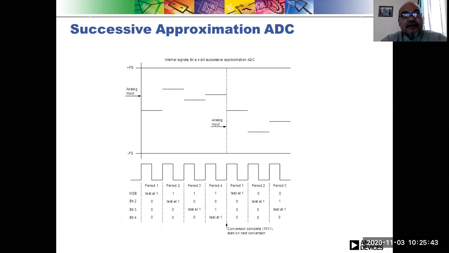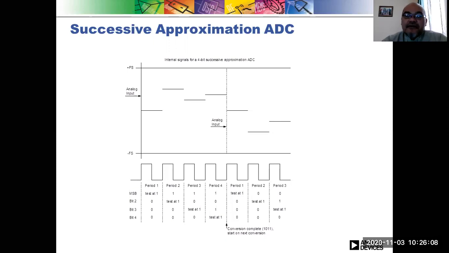So your sampling per second will be 1 million divided by 4, because your clock is 1 megahertz, which is 250 kilohertz, or 250 kilo samples per second. Your conversion rate will be 250 kilo samples per second.